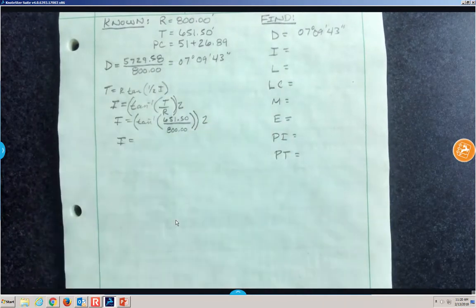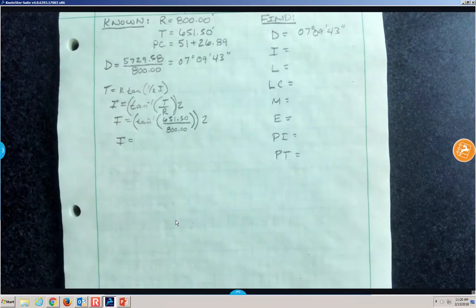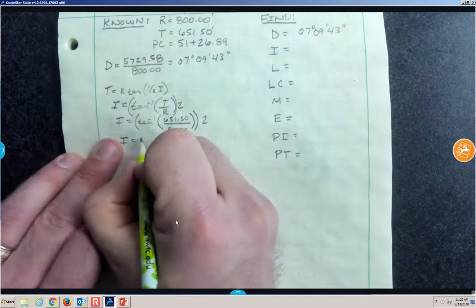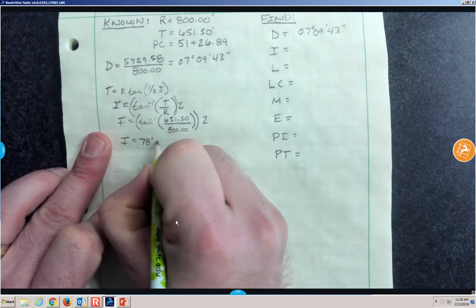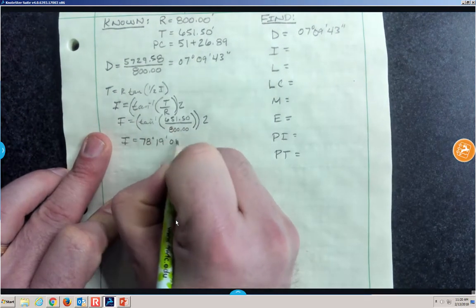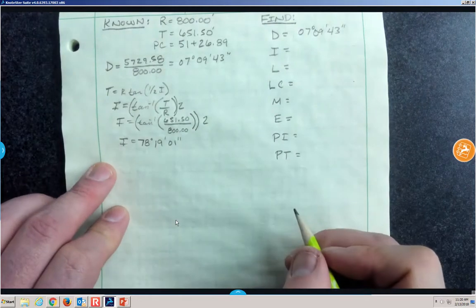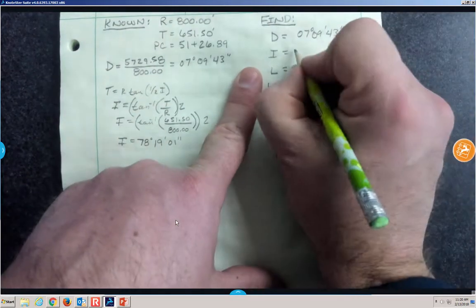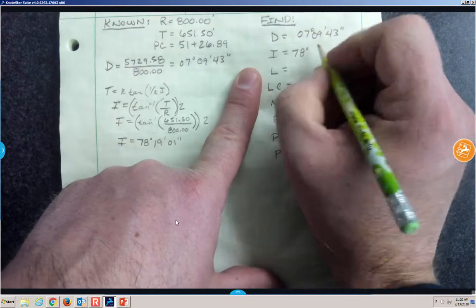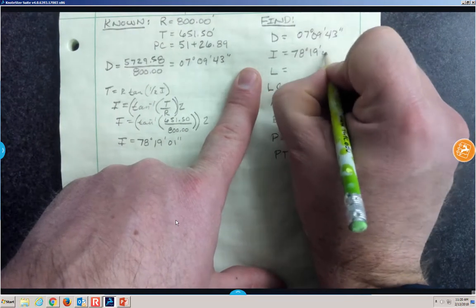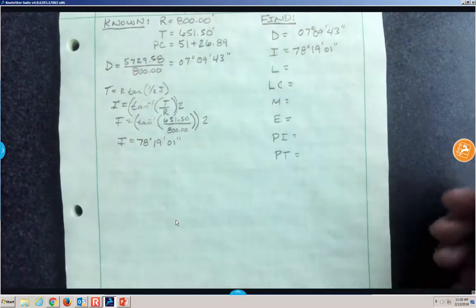Now this is an angle. I is an angle, so when you get the answer, it's going to be in decimal degrees. Convert it: 78 degrees, 19 minutes, 01 seconds. That's I. And we have someone that concurred with that.